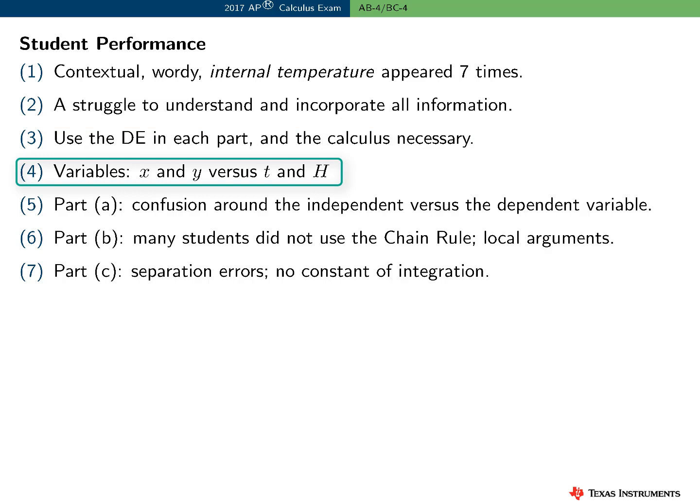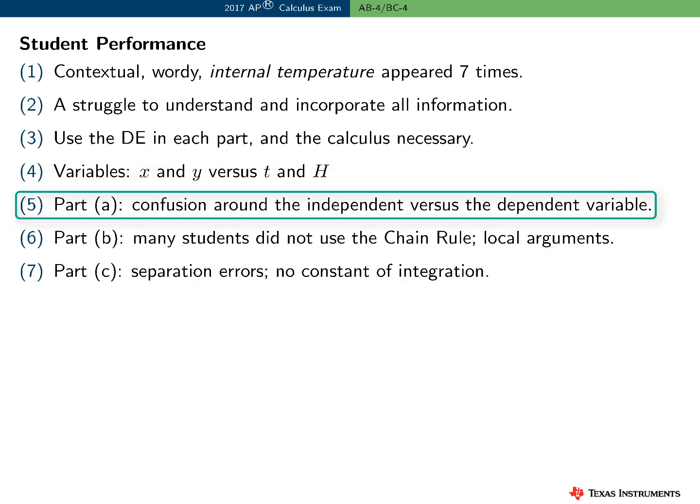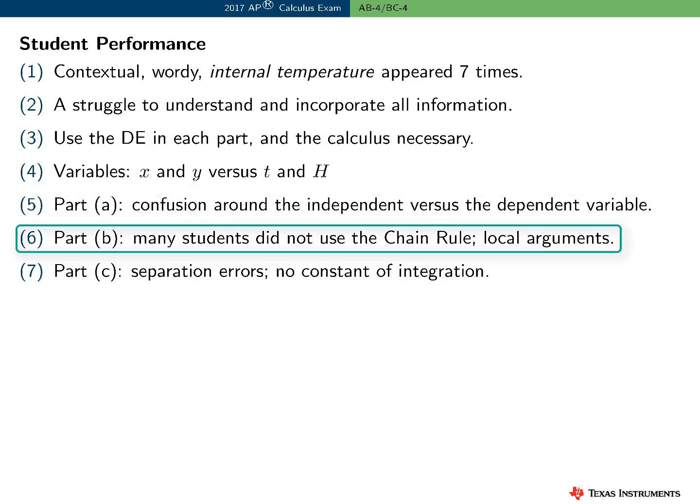The variables in this question were a little different. Instead of x and y, students had to use t and h, or t and g. Specifically, in Part A, there was some confusion about the independent versus the dependent variable.